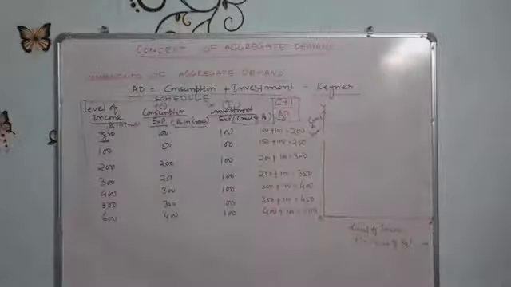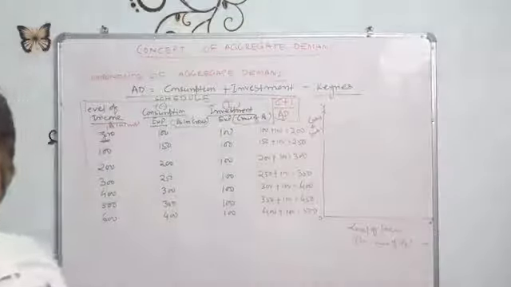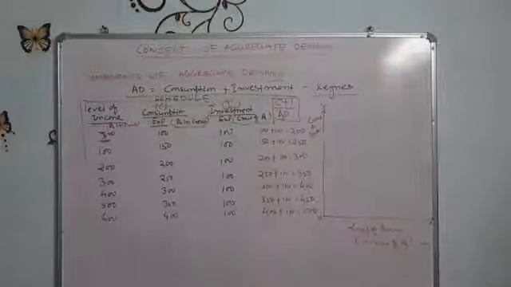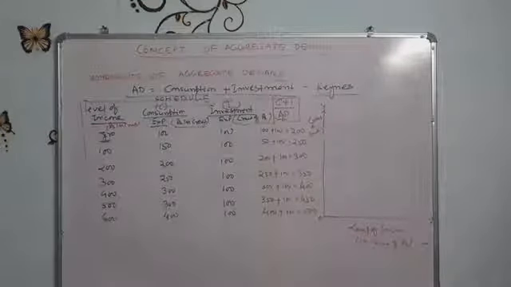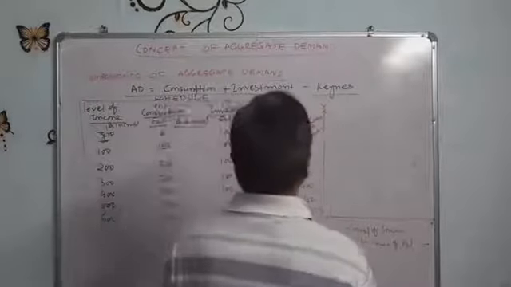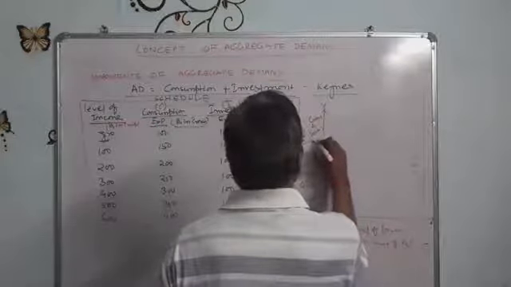Consumption and investments. The X-axis depends on the level of income, and the Y-axis represents the consumption expenditures and investment expenditures. This is also given in rupees crores.